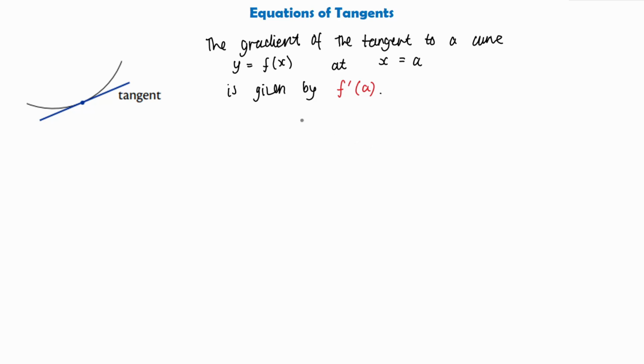Once we have these two, we can use our equation y minus b equals m(x minus a) that we talked about in straight lines in National 5 and at Higher. So we know we can use this to work out the equation of the tangent. So let's go into some examples.